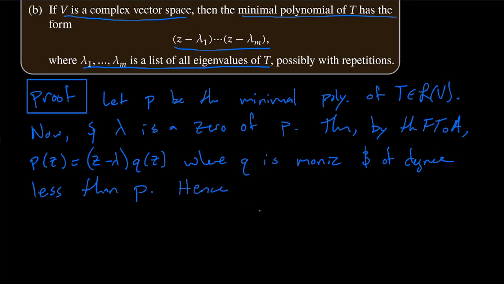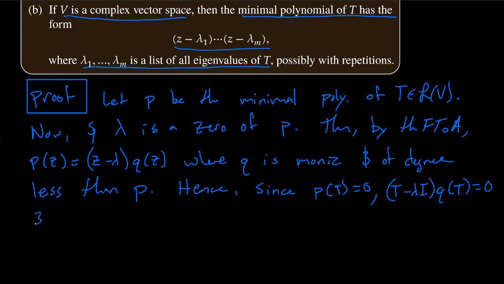Hence, think about this real quick. Since p(T) is 0, what we get is that (T minus lambda I) q(T) is 0.